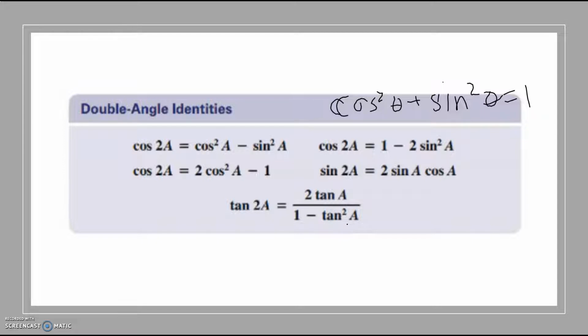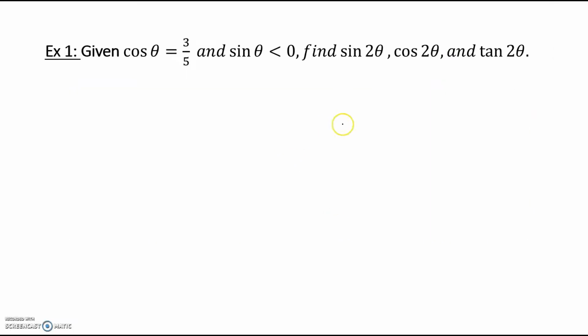You see cosine of 2A involves cosine and sine. Well, you have one that involves just cosine, but if you want to find the sine of 2A, then you also have to use sine and cosine. So what I'm trying to get at is that we need to figure out sine first in order to find these first two, and actually in order to find this last one also.